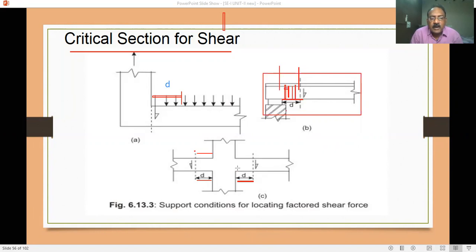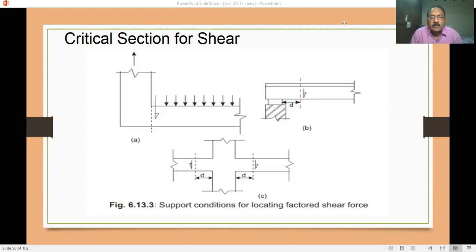One effective depth from the edge of the beam is known as the critical section. These are support conditions for locating the factored shear force, all in limit state factored shear force, right? So this is a very important figure you have to remember.